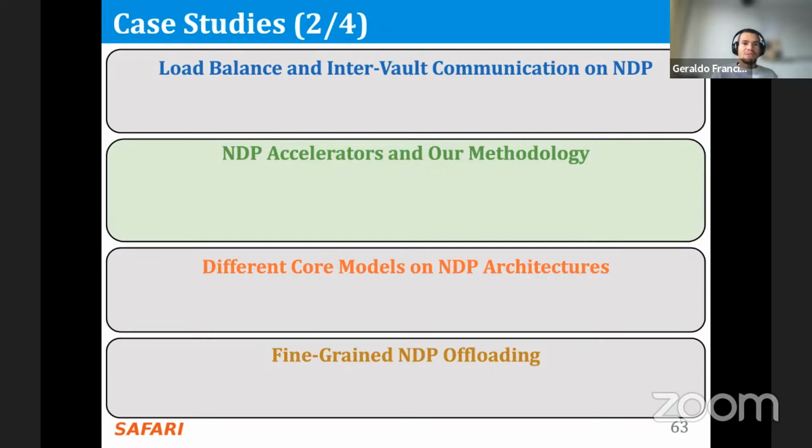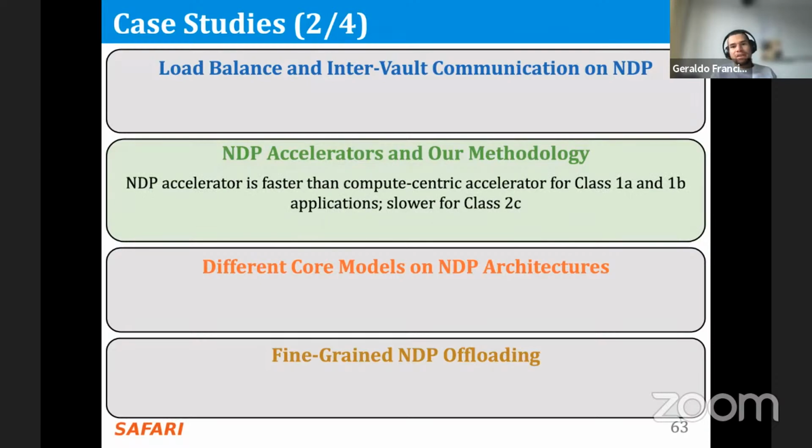We compared the performance improvement NDP accelerators provide against the compute-centric versions of the same accelerator. So we observed that the NDP accelerator provides significant performance benefits compared to a compute-centric accelerator for applications in class 1A and 1B. So those are the bandwidth-bound applications and the latency-bound applications. At the same time, it does not improve performance for applications in class 2C, which are compute-bound. We believe that DAMOV can aid the design of NDP accelerators that target different memory bottlenecks in the system.